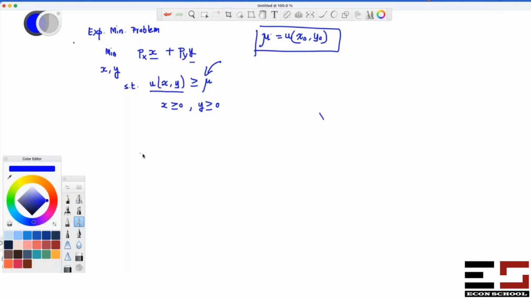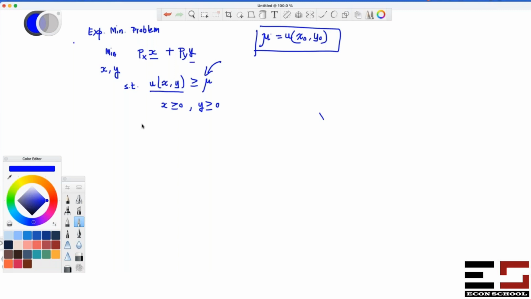So suppose your target level of satisfaction is given by bundle 2, 3. So you want to achieve the satisfaction level that is given by bundle 2, 3.